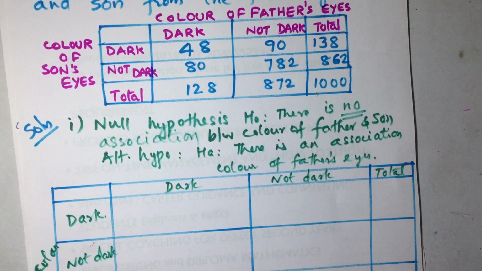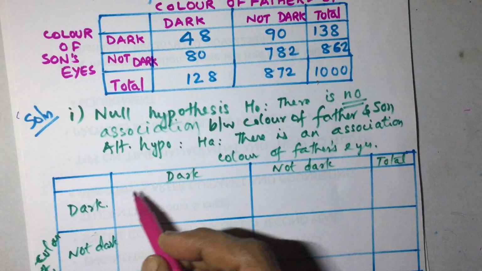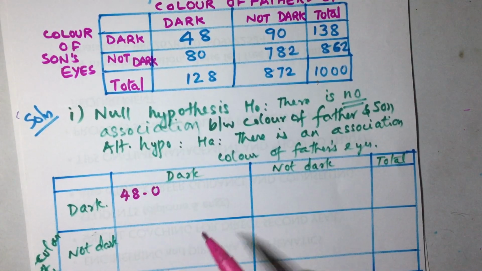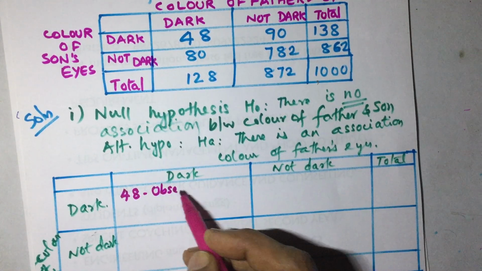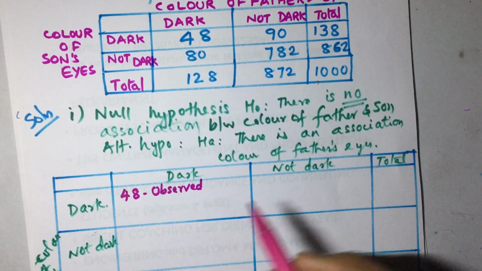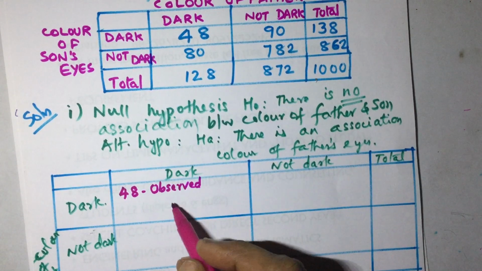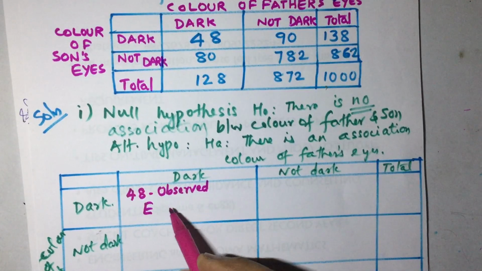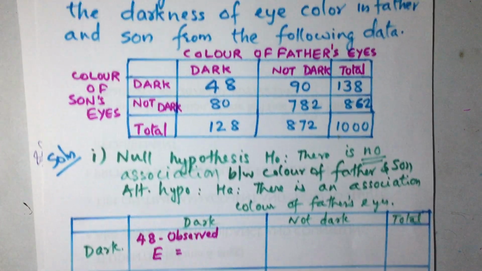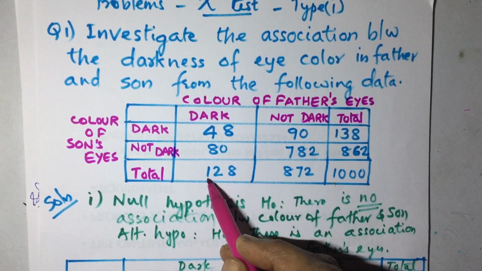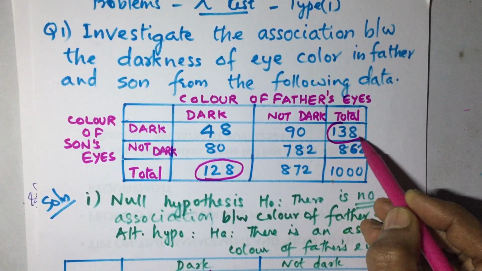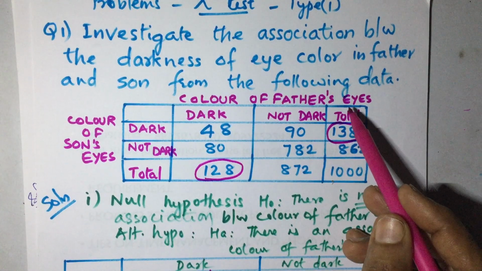So to reduce your difficulty, I am going to do this in a single common cell. So this is 48, the observed frequency. In exam you need not write this as observed and all, for your understanding I am writing here. Now the expected frequency of this is given by 128 into 138, because this is the color of father's eyes.